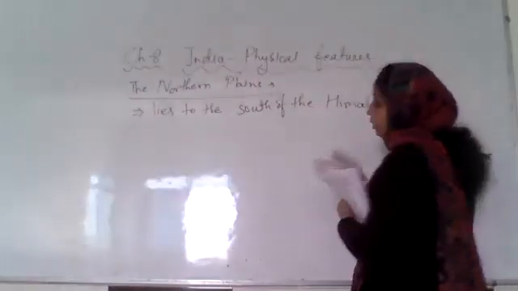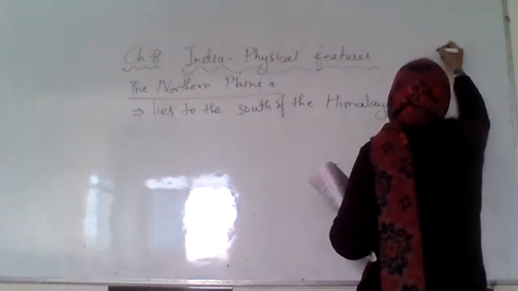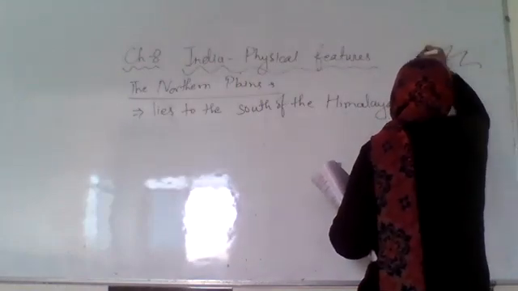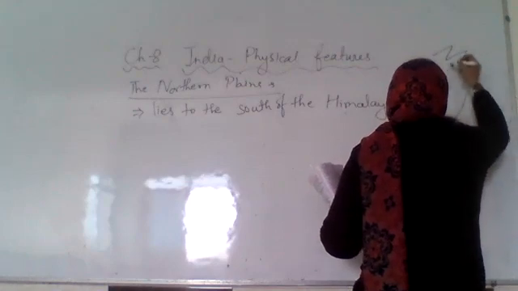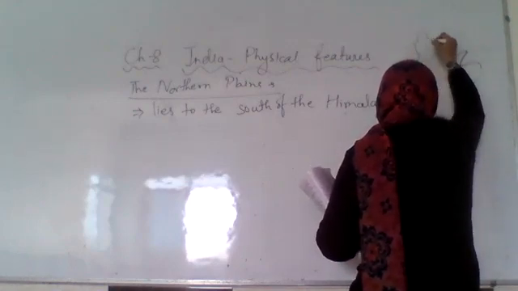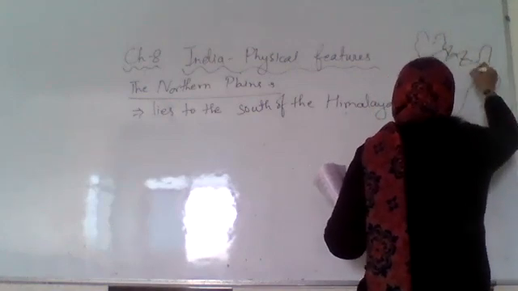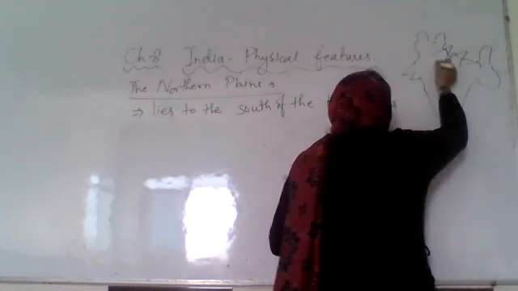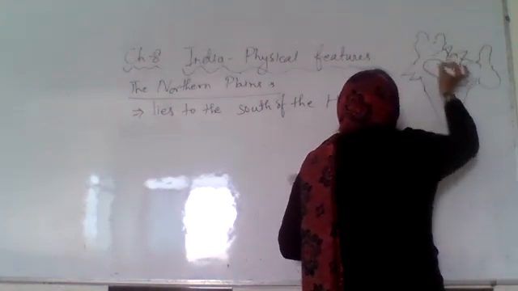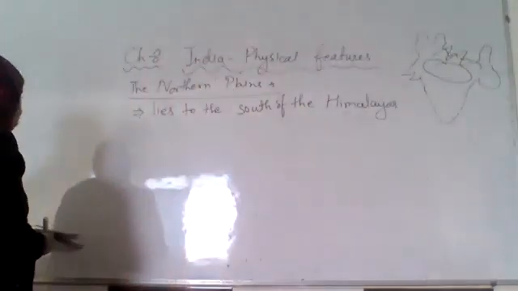It is not southern part of India, basically it is south of Himalaya. Here you have this Himalaya. Then in the southern part of Himalaya, here you have northern plain. Understood?